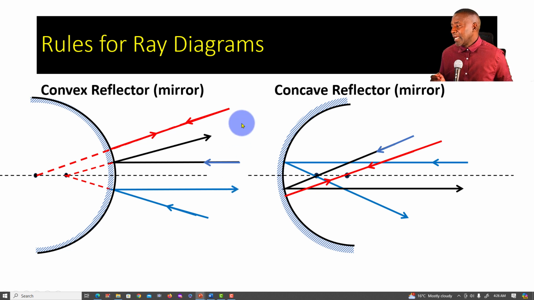And finally, a ray of light which appears to pass through C is reflected as if it is coming from C. And by the way, don't confuse F and C. They are totally different according to the definition. F is exactly between C and B.